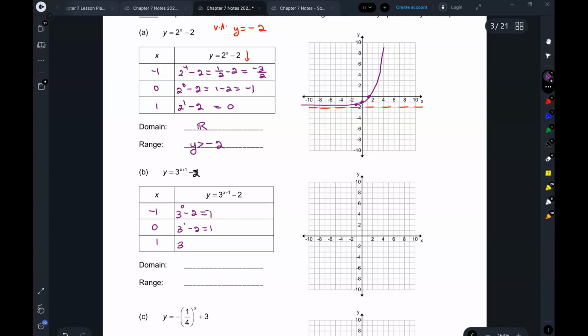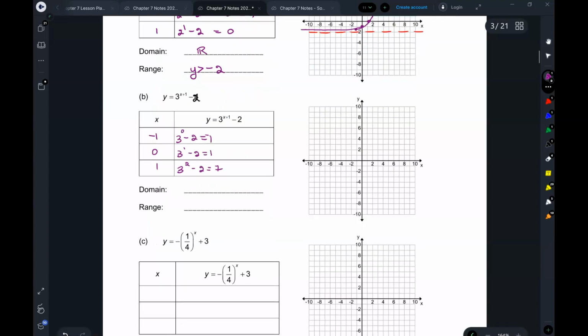And then 3 to the 2 minus 2 is how much? 7.